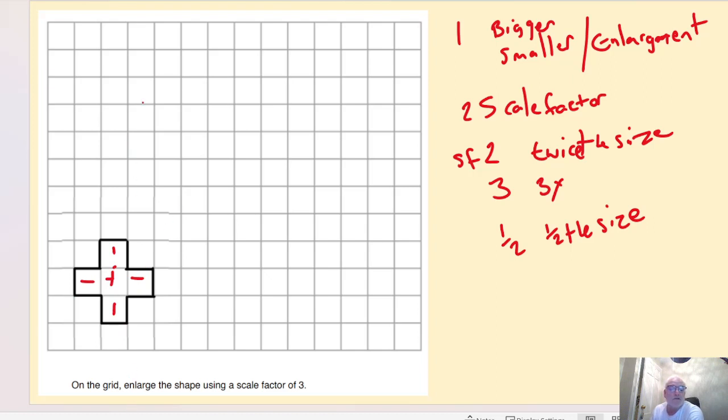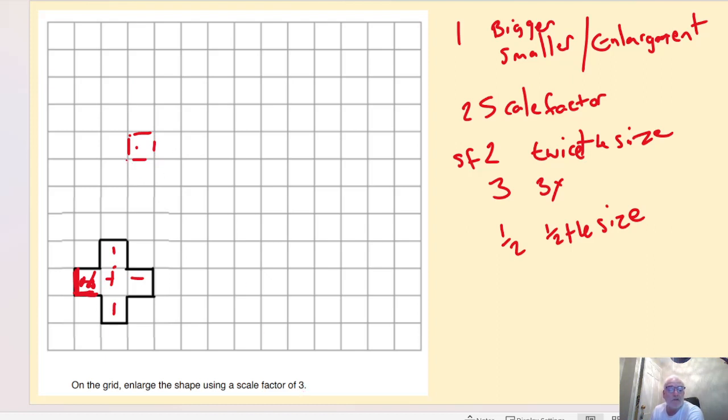Now, it doesn't matter where we pick. Let's say we're going to pick this square here. That's going to be my middle square. Now that's 1 square deep, 1 square across. That's my original square. Remember we want it to be a scale factor of 3.